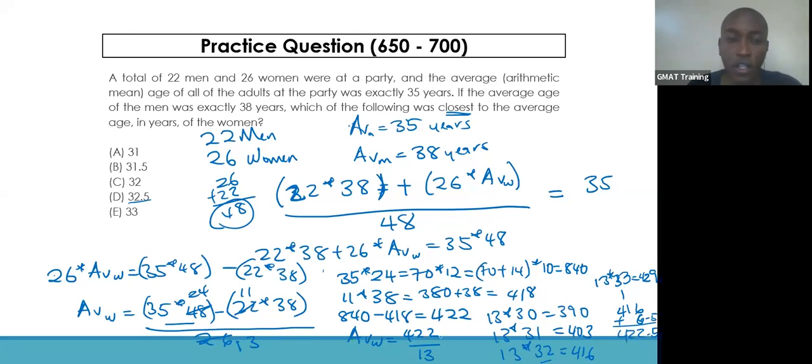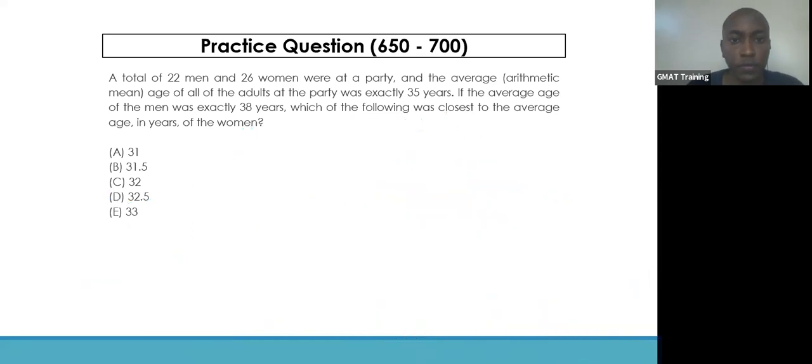So that's even closer than 32. So we can have D as our answer for this particular question. You can divide this out, but I prefer you just look at this approximation so that you can have a clear flow to answering this particular question.